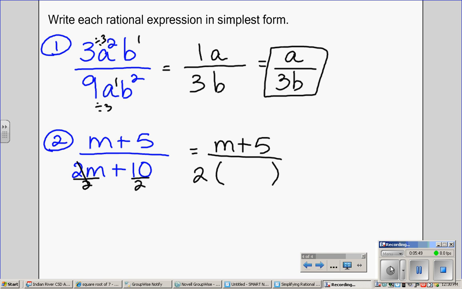So I get m plus 5. Now, you can only cancel when the complete factors are the same. You can't cross out an m, you can't cross out a 5. They're attached with a plus. When the whole factor is the same, they cross each other out. If there's nothing left on the top, m plus 5 divided by m plus 5 is really 1. So we'll need to fill in the numerator with a 1.